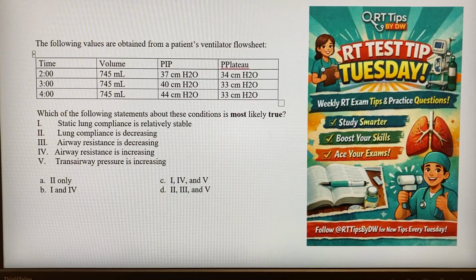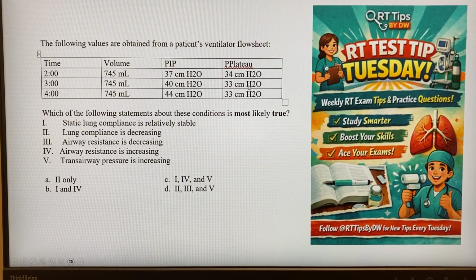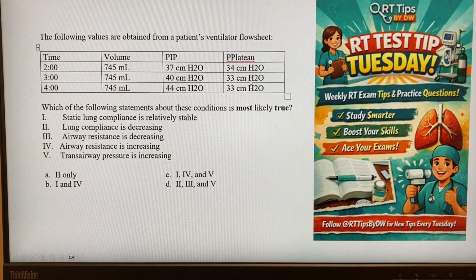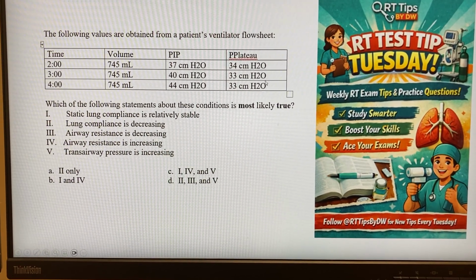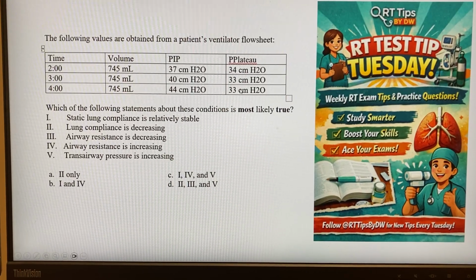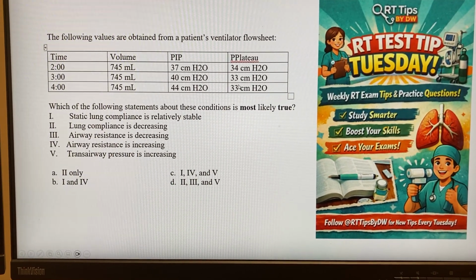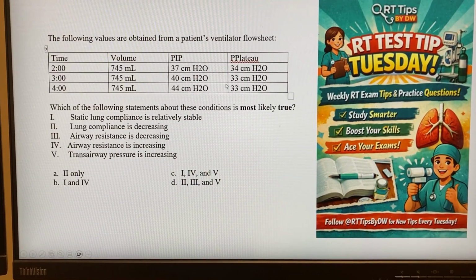And that's going to be some important information as we transition further through this question. So I have deduced just from looking at this data set that I'm going to be looking for answers that involve an increase in airway resistance because I've got an increase in my trans-airway pressure.